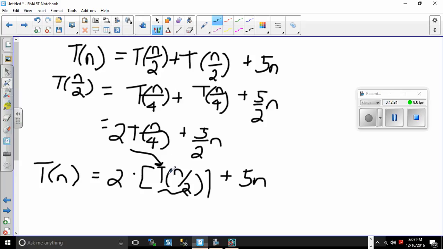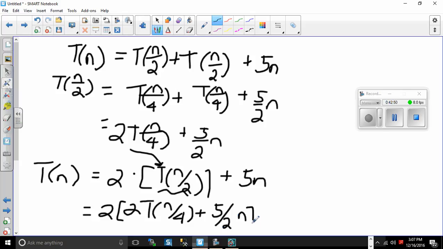But now we take this value of T(n/2) and we replace it with its representation in terms of T(n/4), 2T(n/4) plus 5/2 n. So I'm going to substitute in that equation, and so I will have 2 times 2T(n/4) plus 5/2 n, plus 5n.